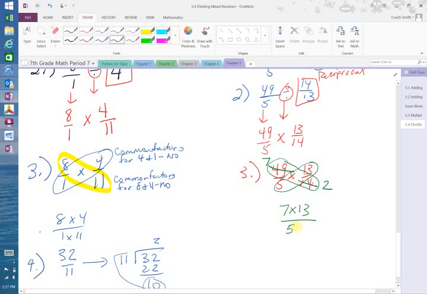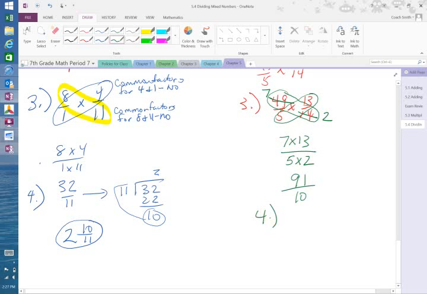On bottom, I have 5 times 2. 7 times 13 is 91. 5 times 2 is 10. So 91 over 10 be 10. Into 91 goes 9 times, be 90. Remainder 1. Put the 1 over the 10. So it gives me 9 1/10. And that is your answer.